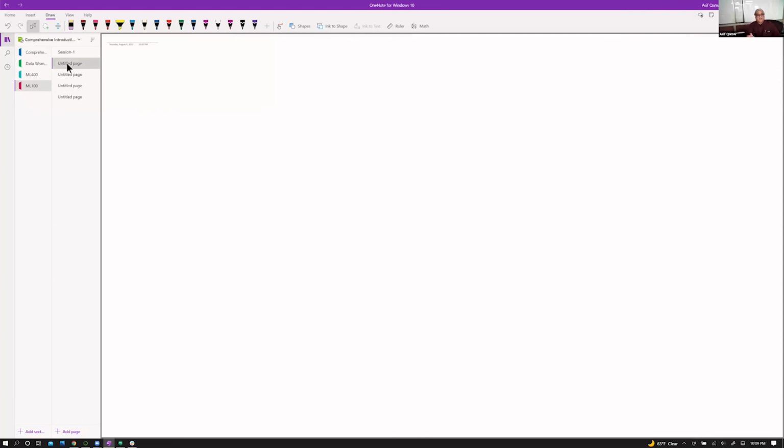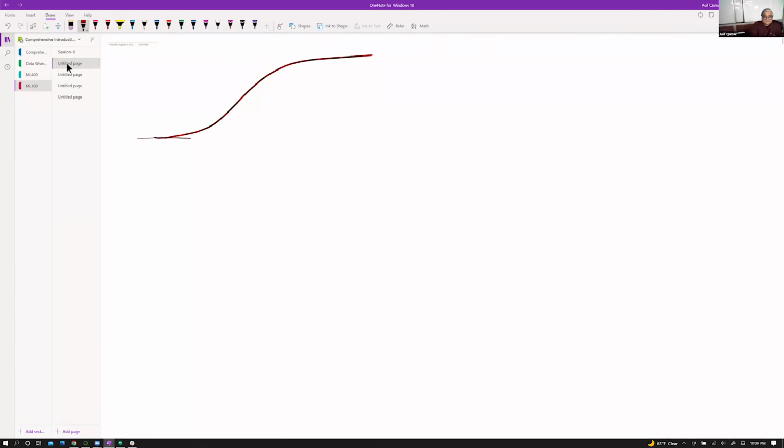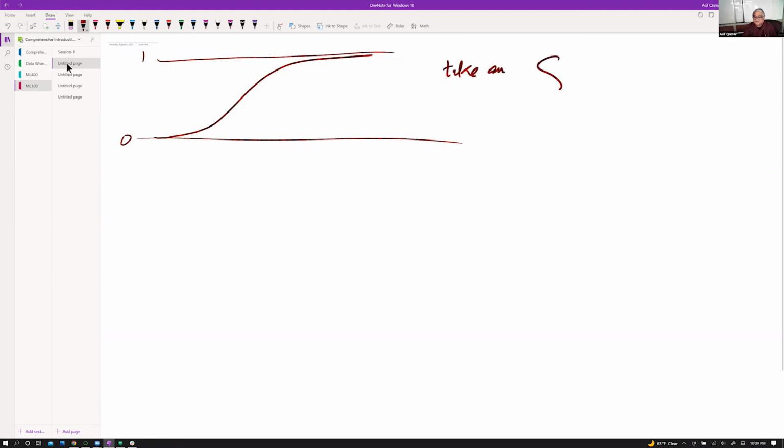So just to recap, if a function is like this, this is the 0 line and this is the 1 line, it is like you take an S and stretch it by its tails horizontally.